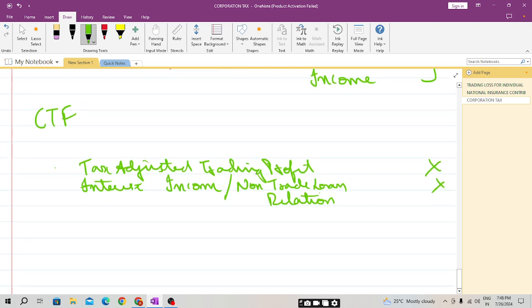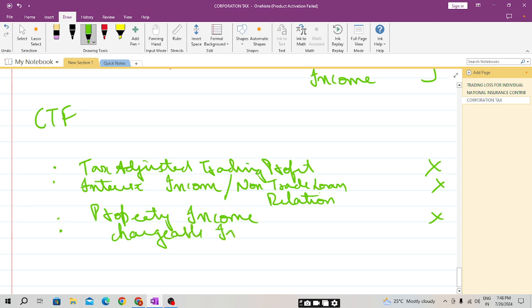Then the next is property income. Then coming to chargeable gains, sorry students. So this is the format, including chargeable gains.